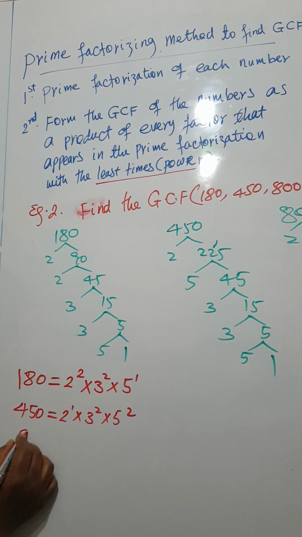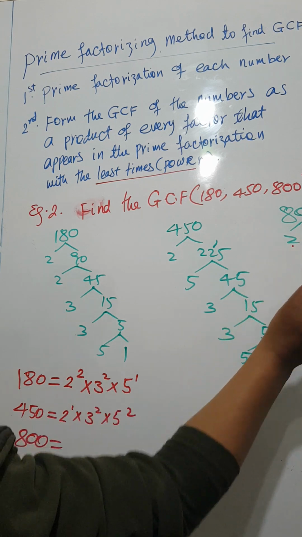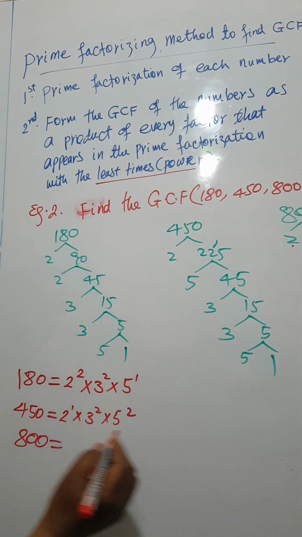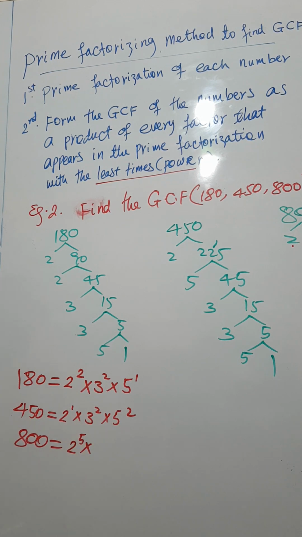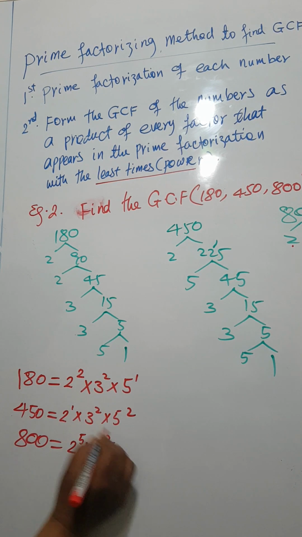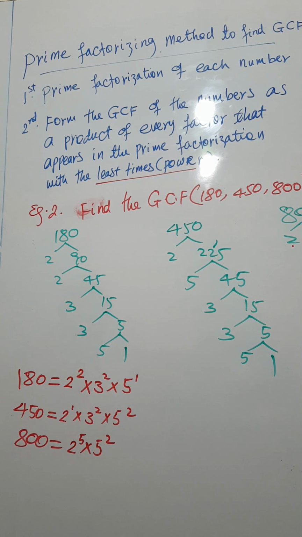And 800 is equal to 2 to the power of 5 times 5 to the power of 2.